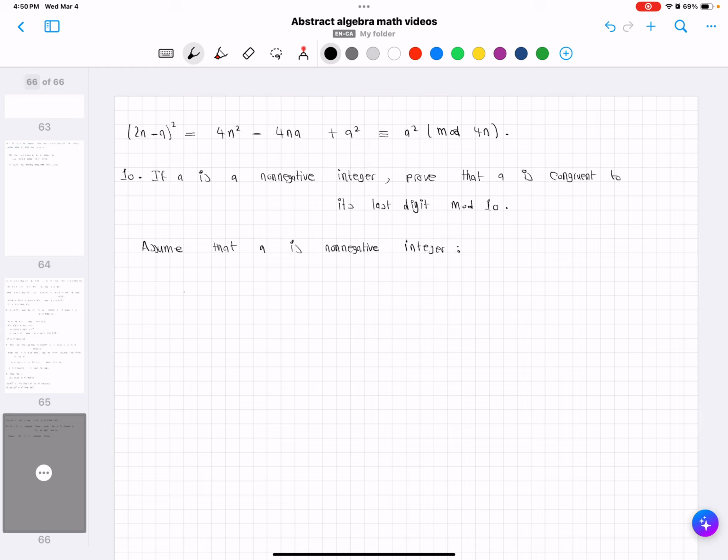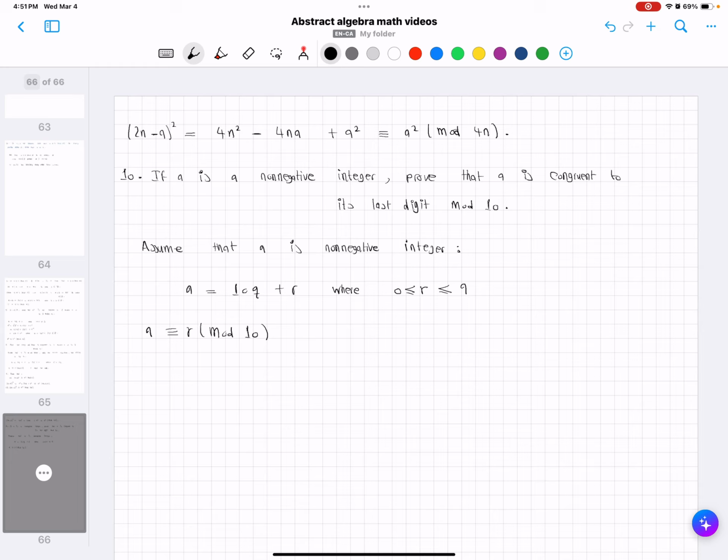So then apply the division algorithm, then you get that a is equal to 10 times q plus r, where r is between 0 and 9. So then that means that a is congruent to r mod 10, and what is the guarantee that it is the last digit?